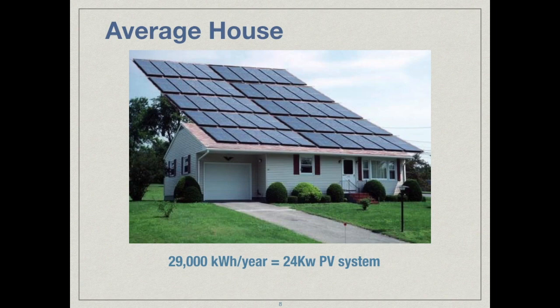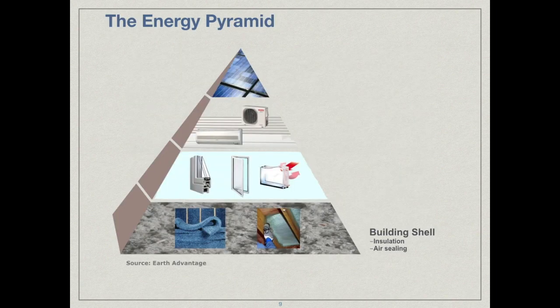So that leads us to this idea that many of you have probably heard about. I call it the energy pyramid. The base of that pyramid is really building a very energy efficient shell with high levels of insulation, very tight construction. The windows are going to be highly efficient.